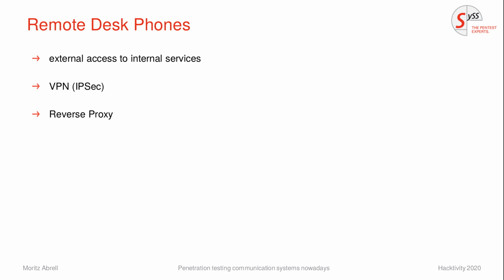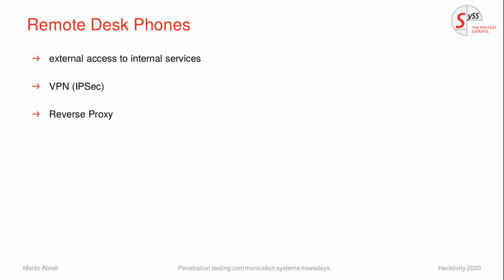For VPN, I often saw IPsec clients installed directly on the phone. For the connection through a reverse proxy, the phone optimally should authenticate with its exclusive client certificate. So the reverse proxy can verify requests and forward only authenticated requests to internal services.